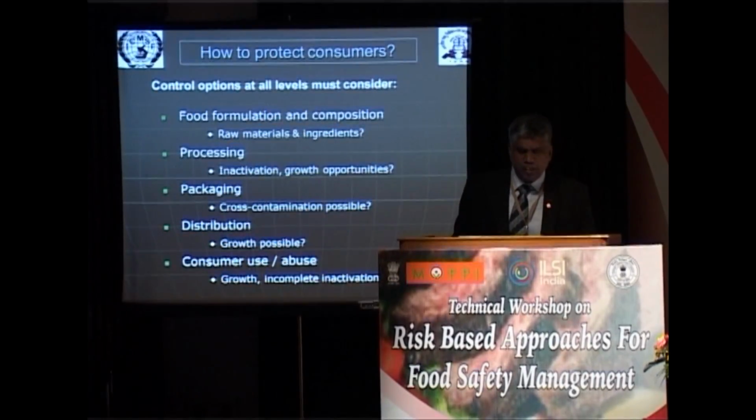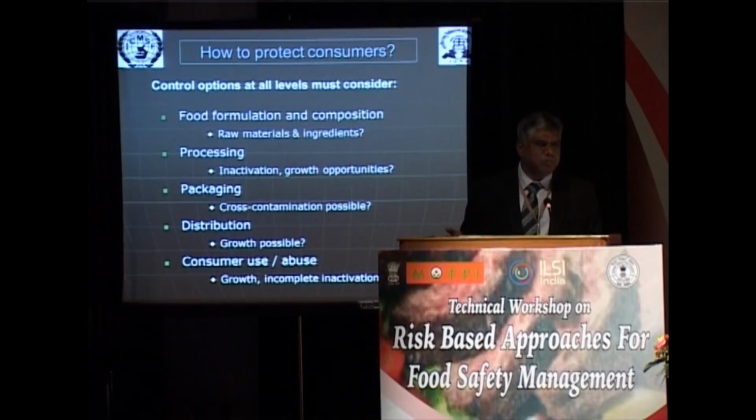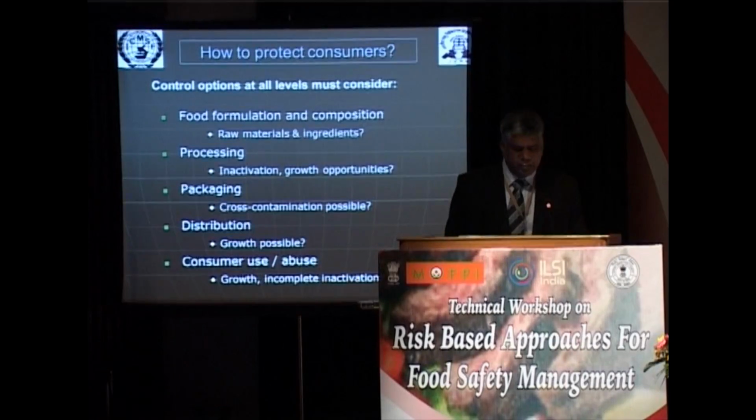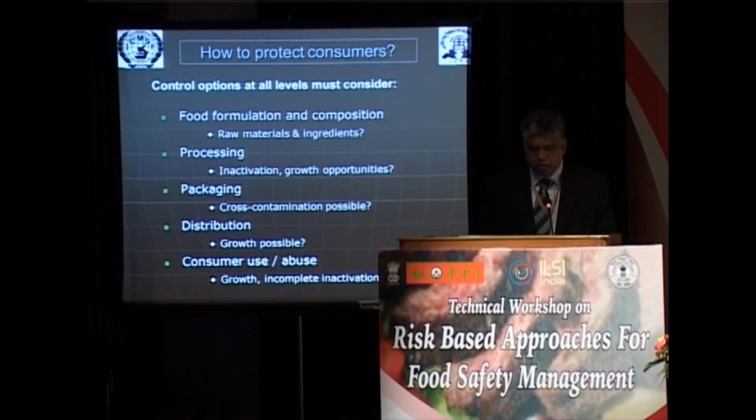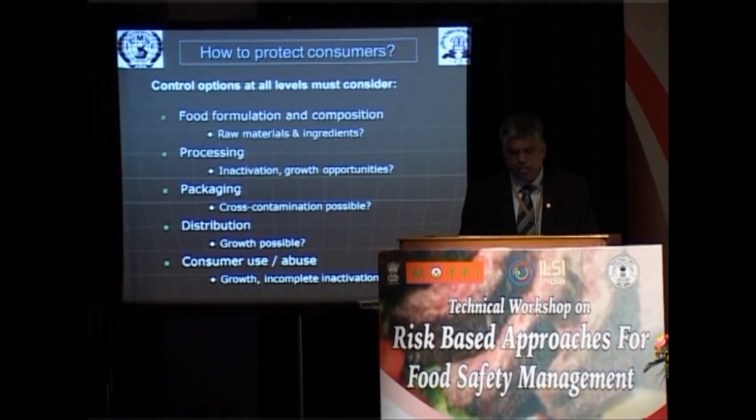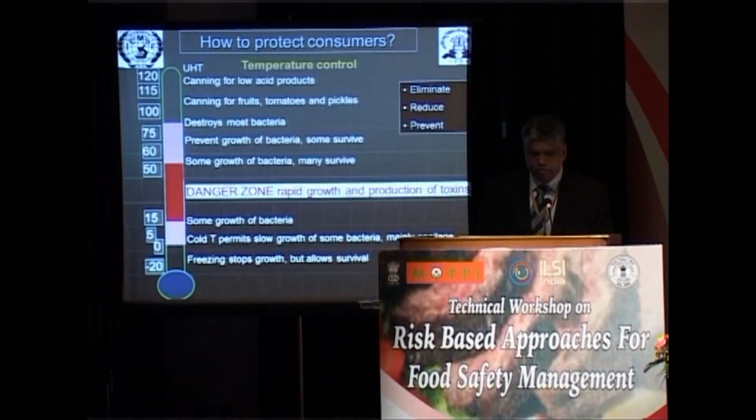In the processing step, we can have inactivation steps for controlling these pathogens. We can eliminate the steps which may cause growth opportunities for the pathogens. In packaging, cross-contamination possibilities can be avoided. During distribution, temperature controls can prevent the possibility of growth. And at the consumer level, temperature abuse, again, can be controlled to prevent the possibilities of growth.